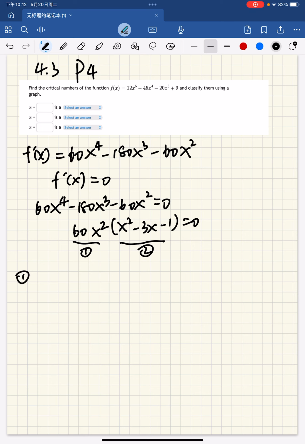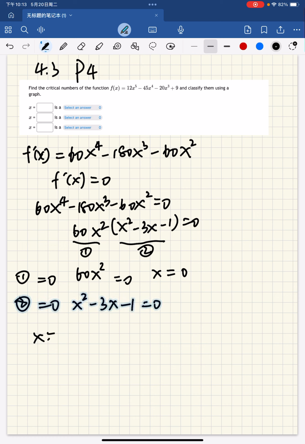So first of all, let the first part equal to 0, which is 60 times x squared equals to 0. We can solve that x equals to 0, and let the second part equal to 0. It will be a quadratic equation. We need to use the formula to find out the root.